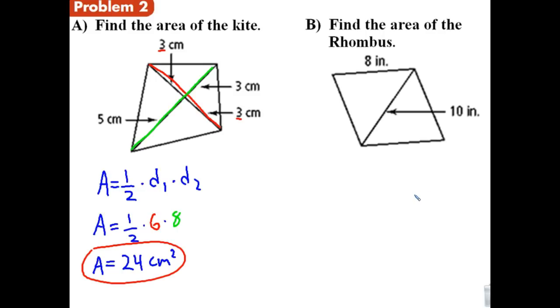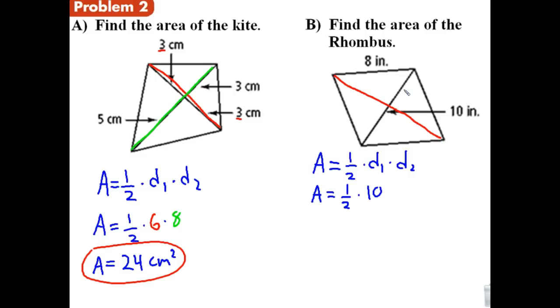Now in part B, notice we don't have all the information we need to use this formula. So we have a rhombus in this case, and just like with a kite, area is equal to 1/2 times D1 times D2. Now we have one of the diagonals, the 10. What we need to do for this problem, just like the trapezoid, is solve for this other diagonal.